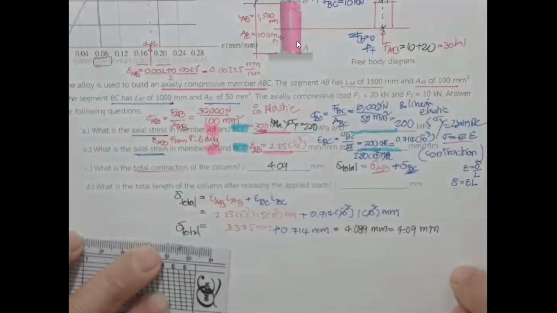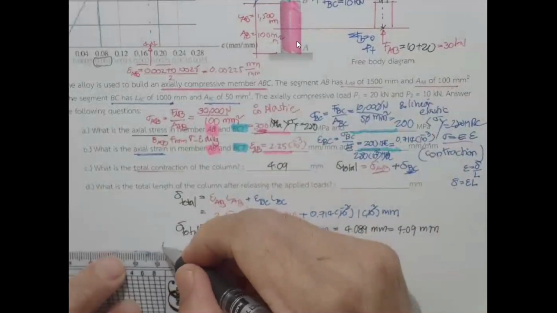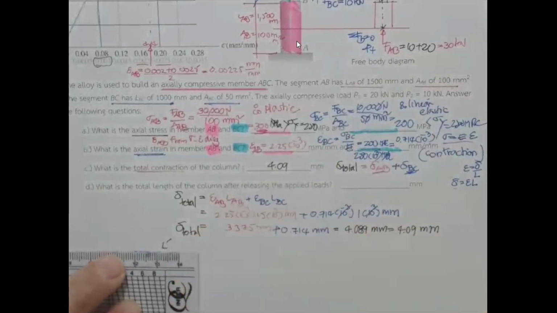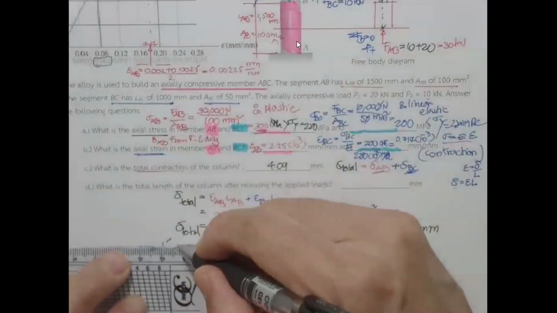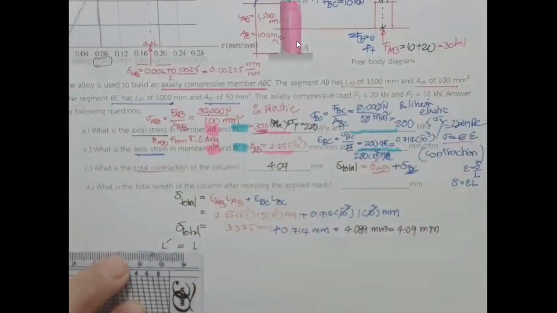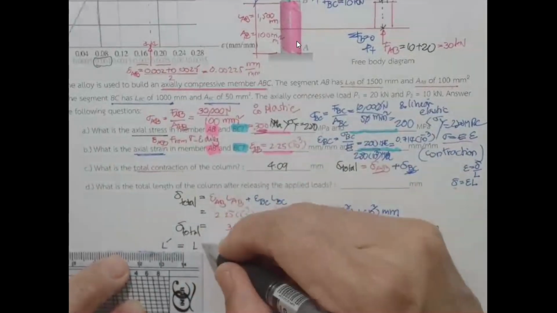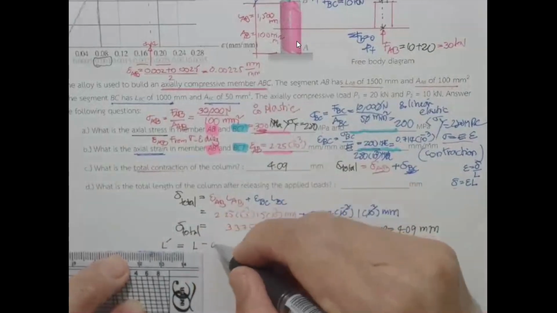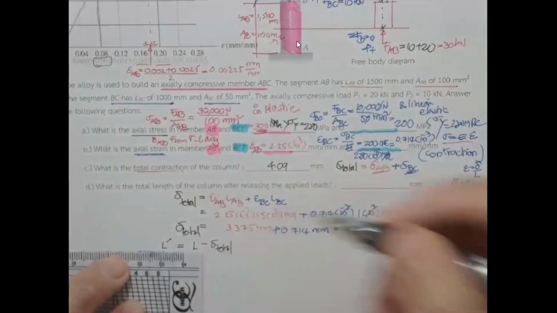Then what is going to be the L prime? L prime is going to equal L minus delta total.